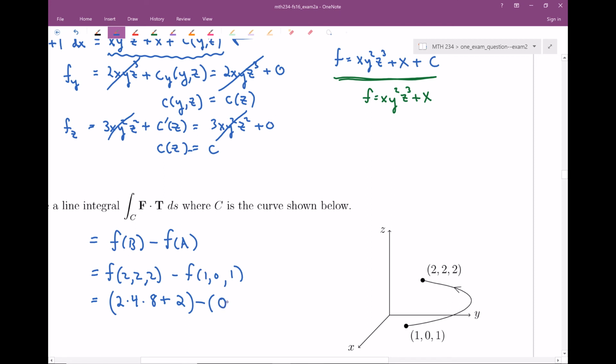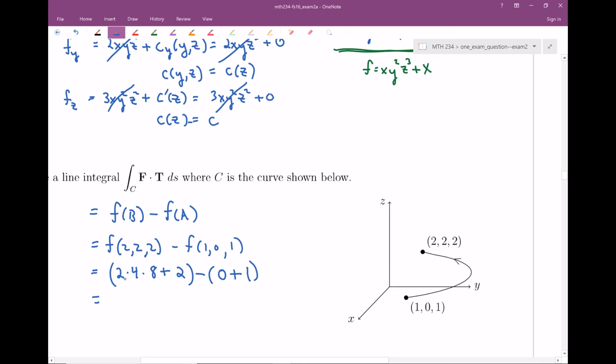So I'm going to have just 0, and then plus x. So again, my function is xy squared z cubed. The fact that I have a y in this first term makes it 0, plus x, so x is 1 in this case. So let's go ahead and multiply this all out. This is going to be 8 times 8, so that's going to be 64 plus 2 minus 1. So altogether we get the answer 65.